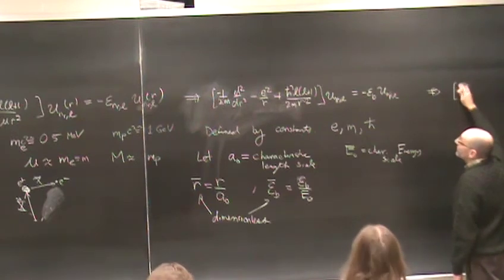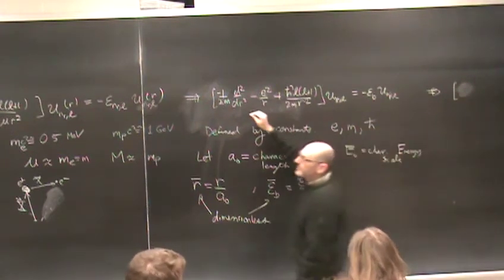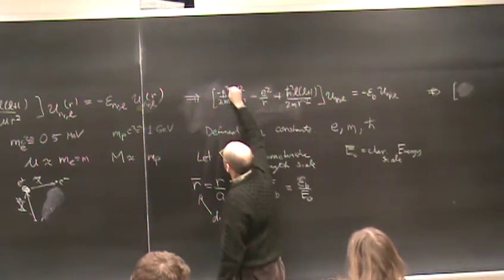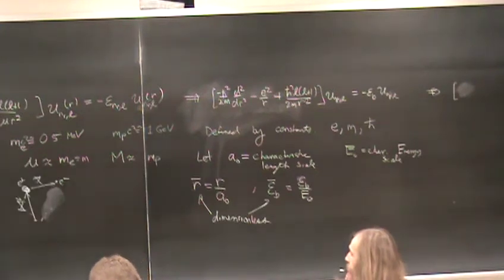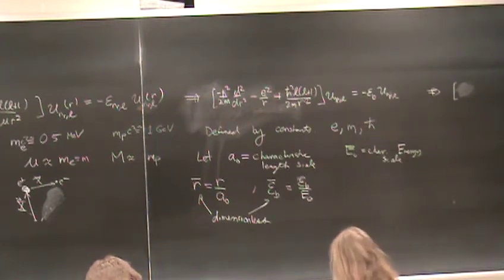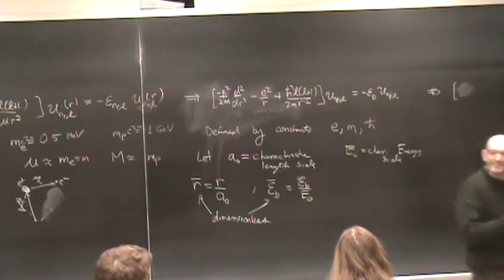I'm sorry, that's not what we got. There is an h bar squared here. I messed that up, didn't I? They should all have an h bar squared, right? Because it's h bar times the derivative of this little thing. Sorry. Now it makes sense.